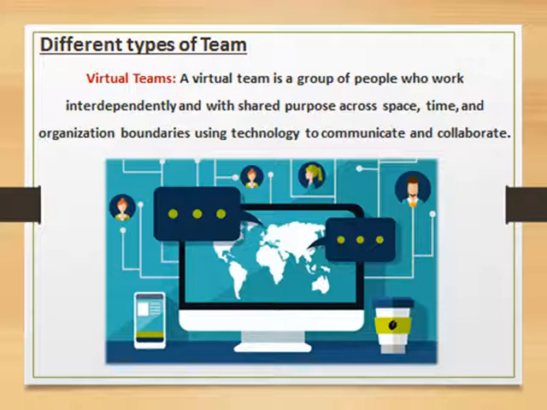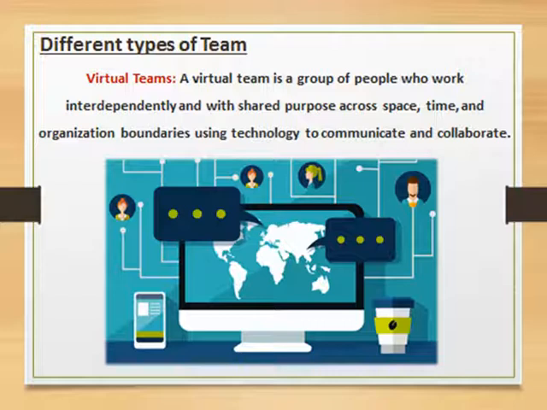So this is a simple example of a virtual team. A virtual team uses the technology at hand to accomplish the task. The space or the time is not a constraint. The purpose has to be fulfilled and the task has to be completed. So they work beyond boundaries, beyond time and space, using technology as their base, and virtual teams work across different organizations.